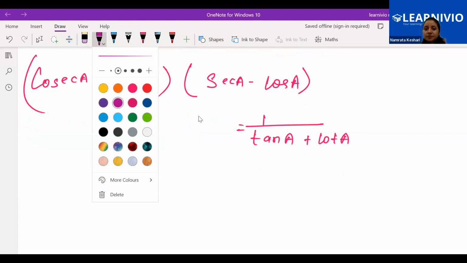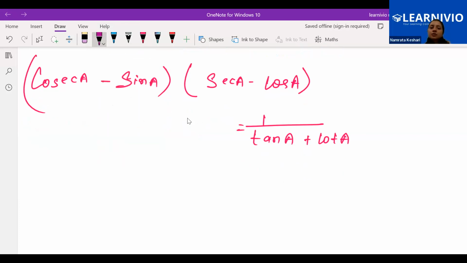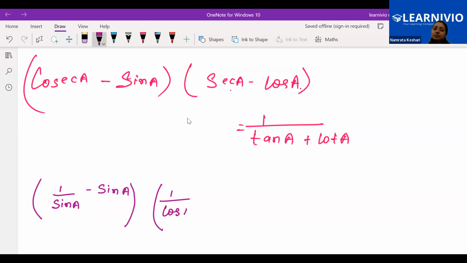Okay. Cosec is there, sin is there, sec is there, cos is there. What can be done? Can we convert cosec in terms of sine? And this sec in terms of cos? We don't know whether we are going to get the right hand side or not.